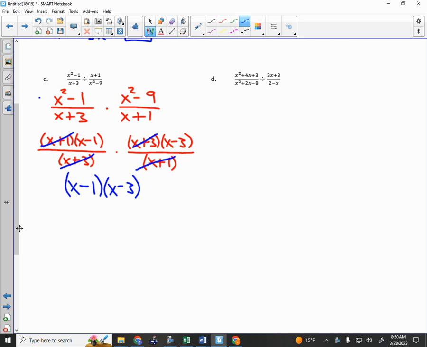And our last example for the day. X squared plus 4x plus 3 over x squared plus 2x minus 8. And we will multiply by the reciprocal, 2 minus x over 3x plus 3. How does x squared plus 4x plus 3 factor?